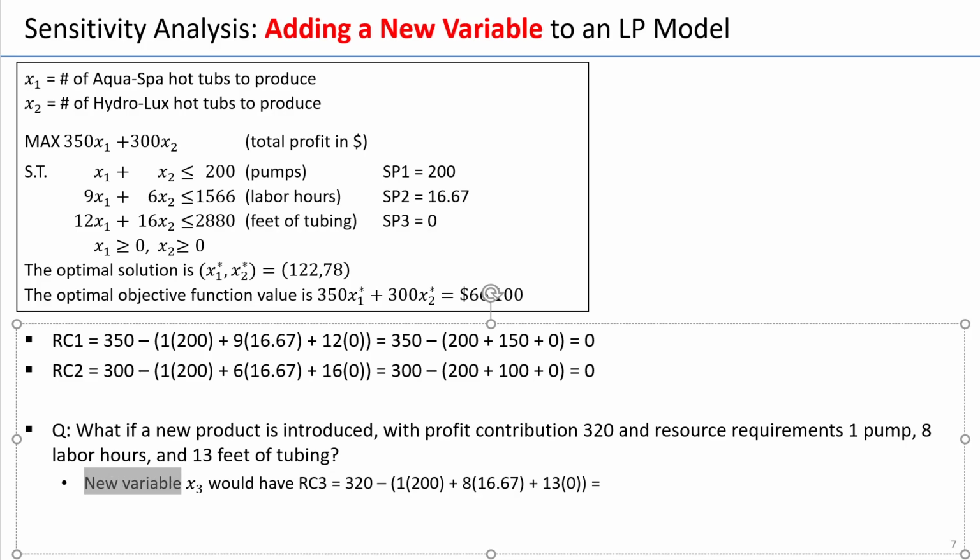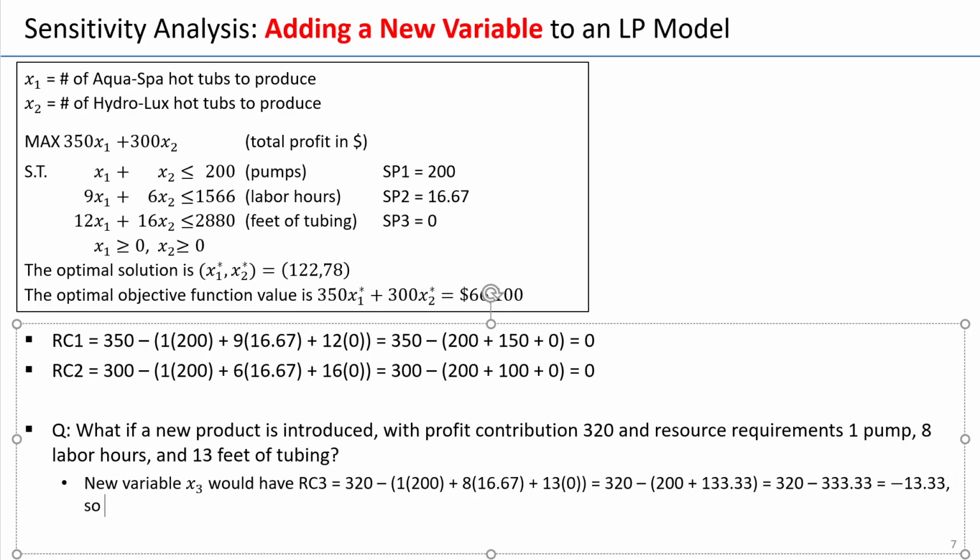So if this new variable x3 is 0, the reduced cost would be equal to 320 minus, and this is 200 plus 133.33, right? So it is actually 320 minus 333.33, right? And that is minus 13.33. So it's a negative value, right? It's a negative value.